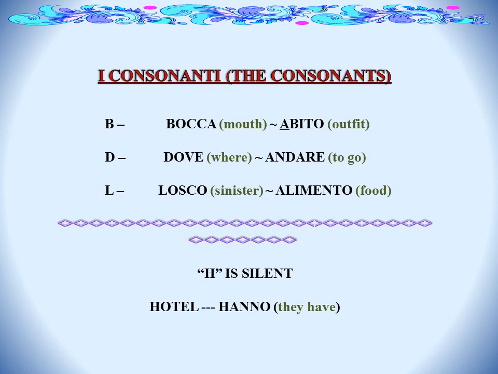A B gives a B sound no matter where it is in a word, as in bocca and abito. A D gives a D sound, as in dove and andare. An L gives an L sound, as in losco and alimento.